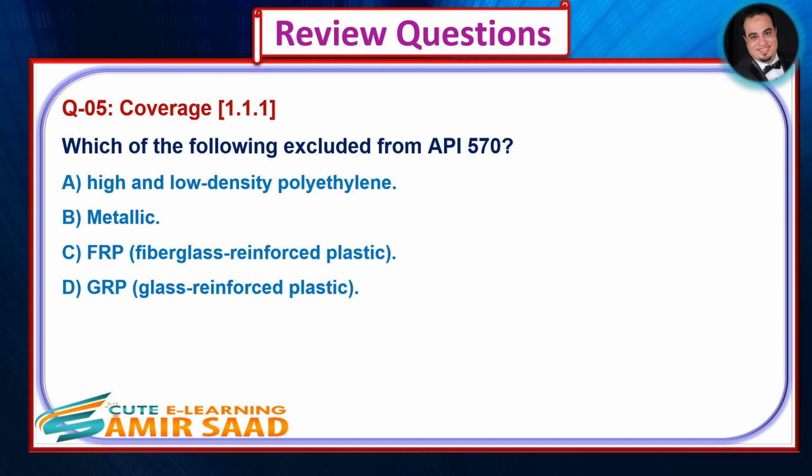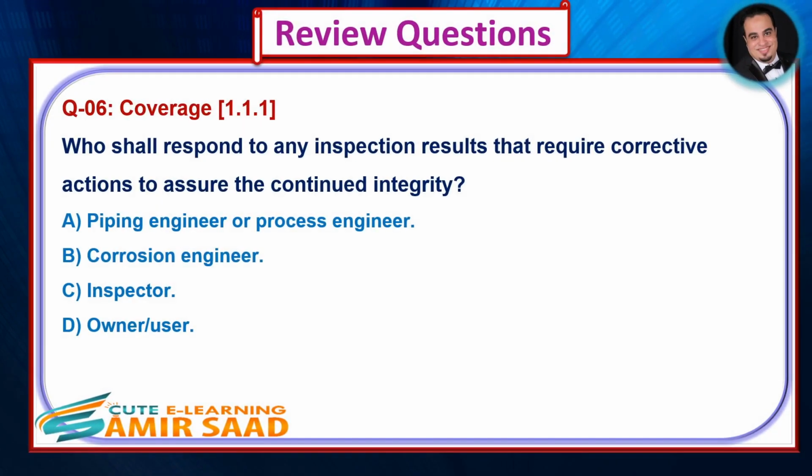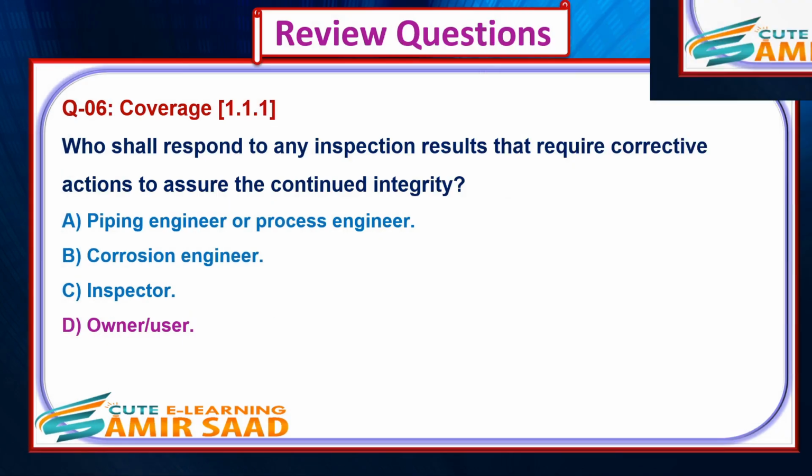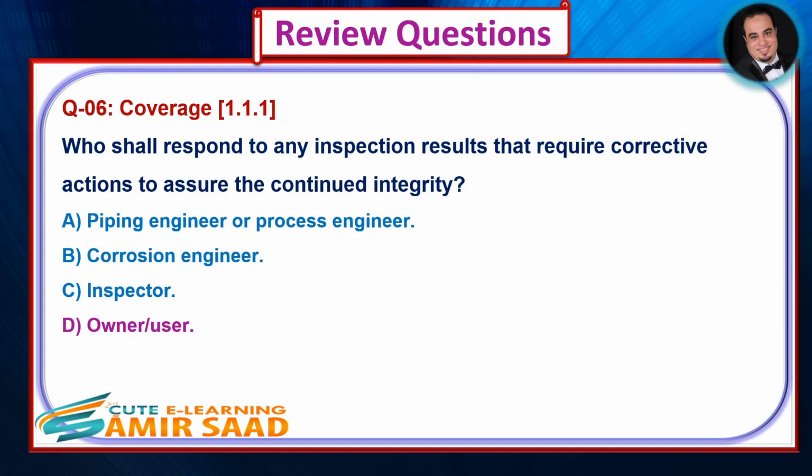Which of the following is excluded from API 570? Answer is A. Question number 6. Who shall respond to any inspection results that require corrective actions to assure the continued integrity? Answer is D.